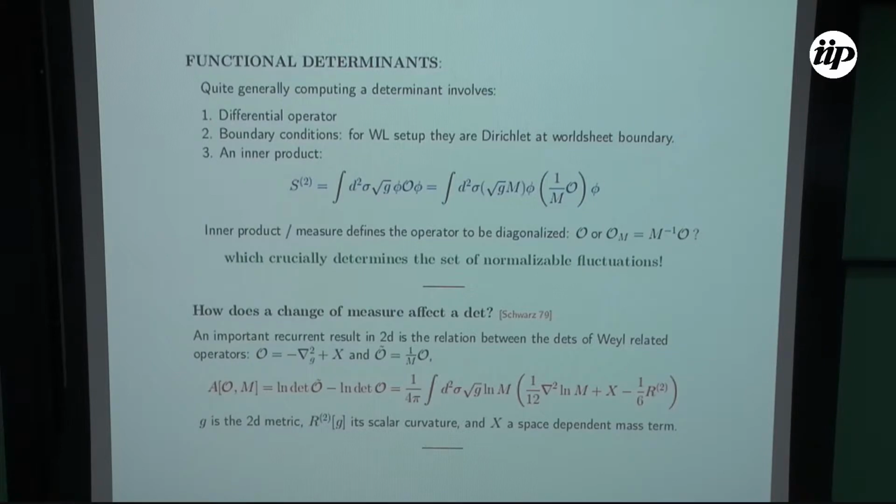So what is the idea of what I am going to do? I'm going to compute the determinants using a zeta function technique that I will mainly flash. And the idea would be to relate. So I want to compute the 1/4 BPS fluctuations. I have already shown you that the induced metric for the 1/4 is conformal to AdS.